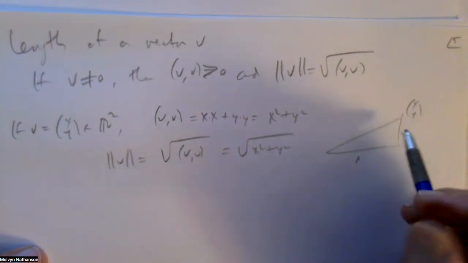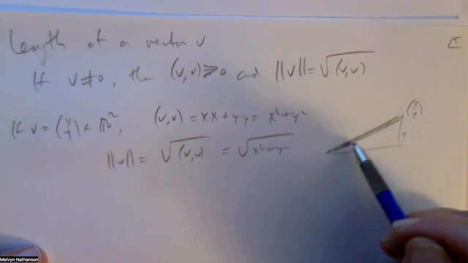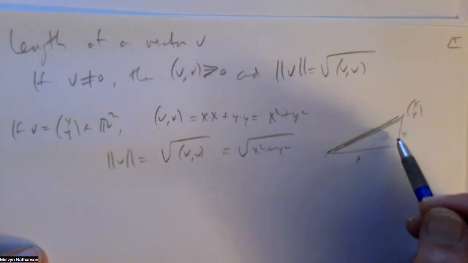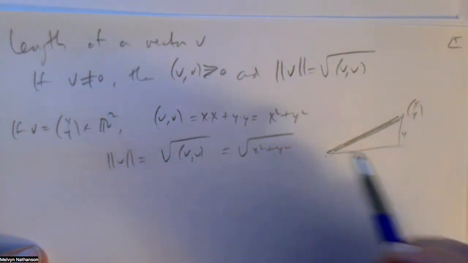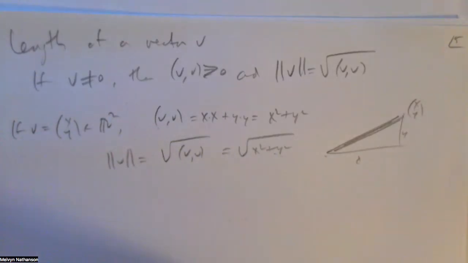This is x and this is y. By the Pythagorean theorem, the length of this line from the origin to the point, that's the hypotenuse, is exactly the square root of x squared plus y squared. So this is consistent with the definition of length that you get from the Pythagorean theorem.